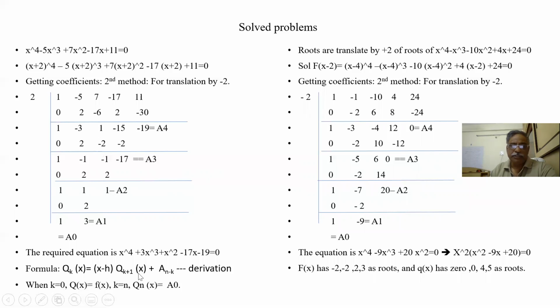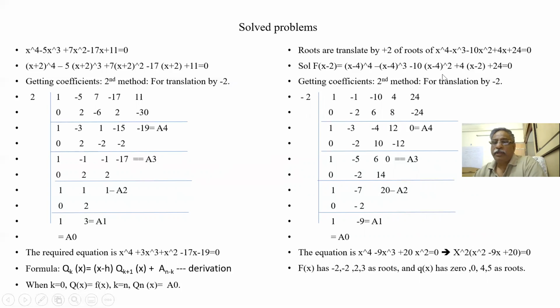This is how this derivation is used in this concept. Each next term is divisible by x minus h. Here h is the x minus h. So translation by 2 minus 2 means dividing by 2.